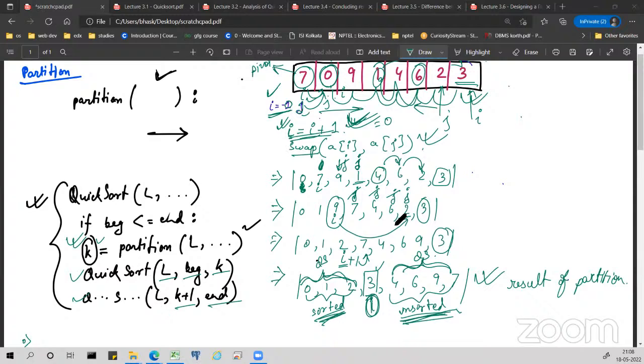It would take I to 9. Correct? Because it is at 0, right? When you do I plus 1, it would go to the 9, right? Yes, sir. And then you swap 0 and 9. Is that something that we want to do? Yes, sir. Then we will compare 9 with the pivot.